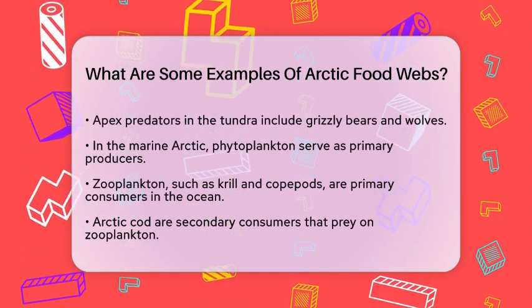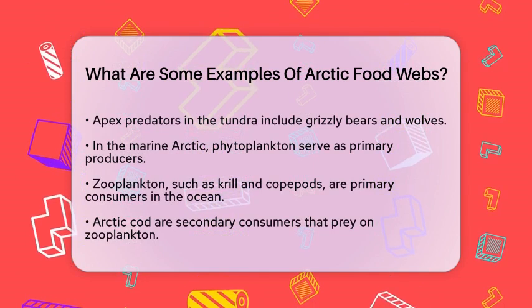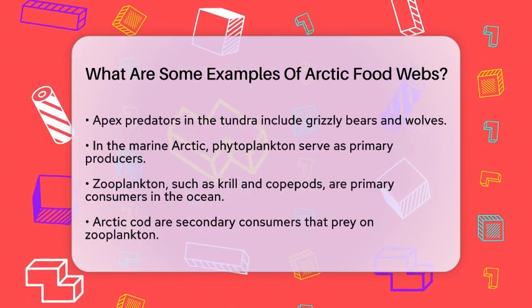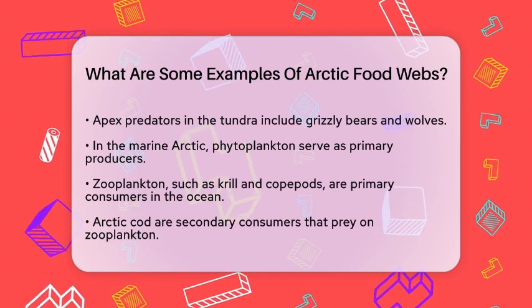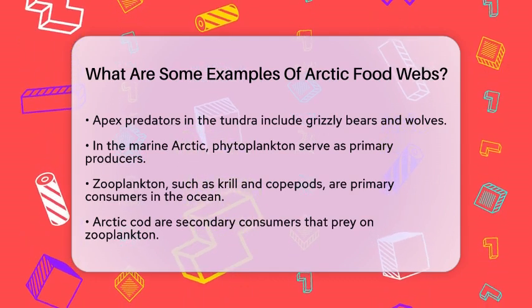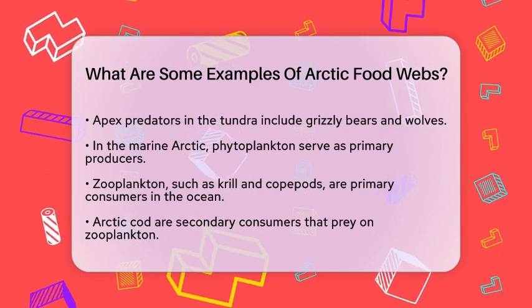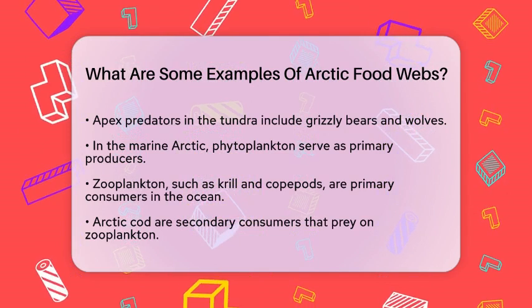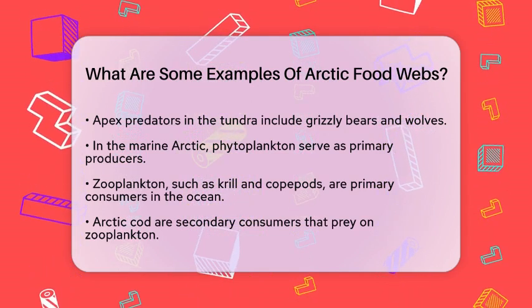Now let's shift our focus to the marine Arctic food web. In the ocean, phytoplankton are the primary producers. These tiny organisms convert sunlight into energy, forming the foundation of the marine food web. Zooplankton, including krill and copepods, are the primary consumers that feed on phytoplankton. Next, we have fish like Arctic cod that act as secondary consumers, preying on zooplankton.